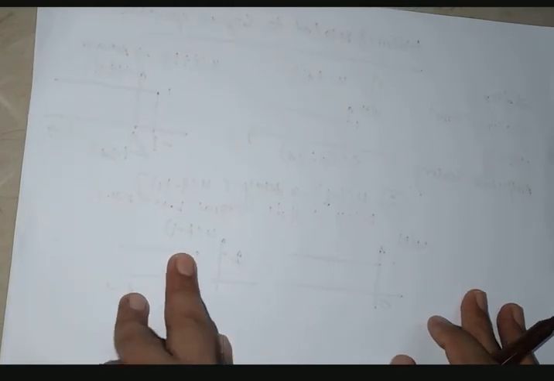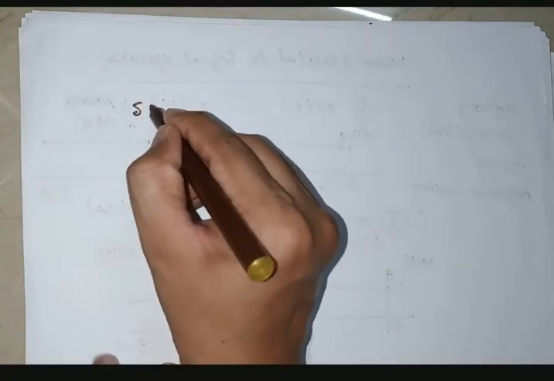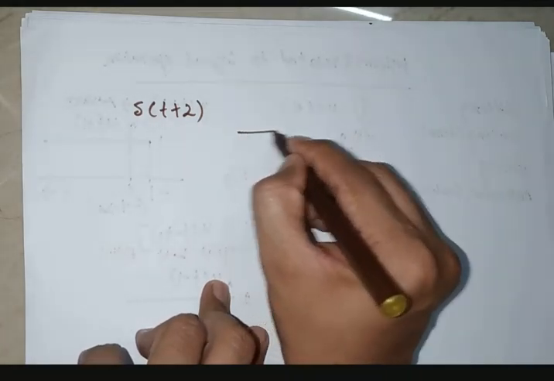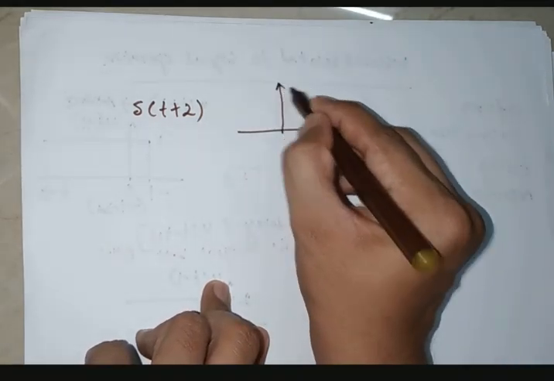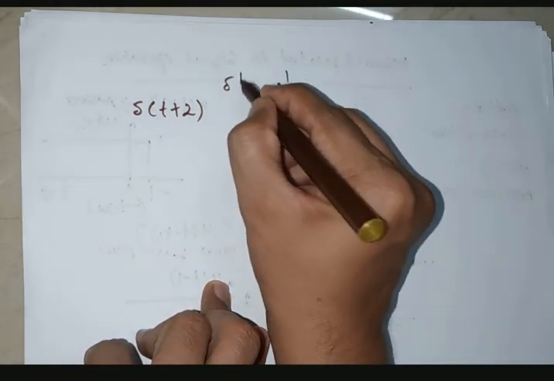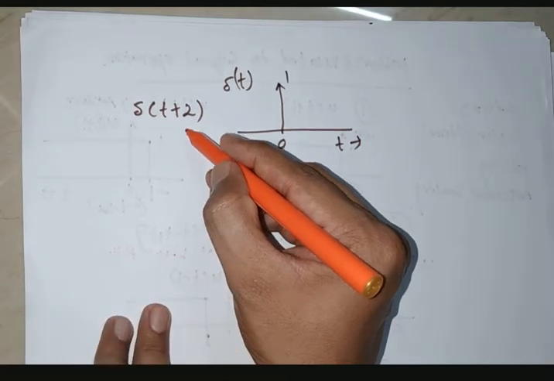If you want to take some more examples, we will take the same thing. Let's say you want to find del of t plus 2. Okay, simple. This is your del of t. Del of t plus 2 means again what type of operation is this?